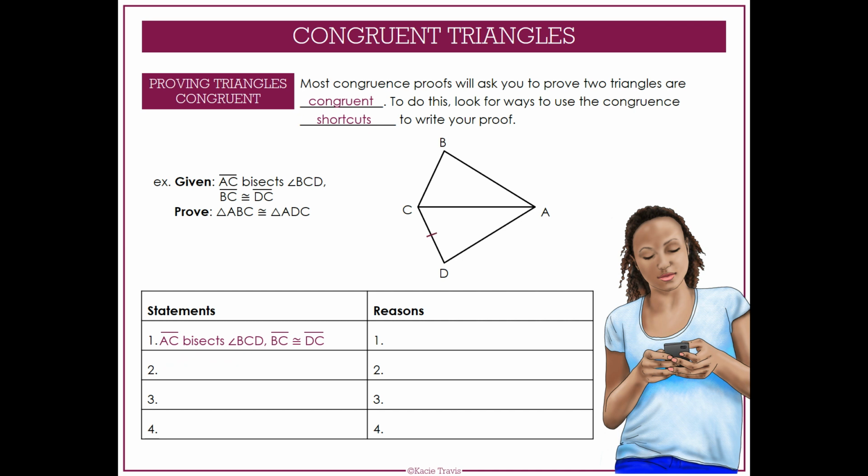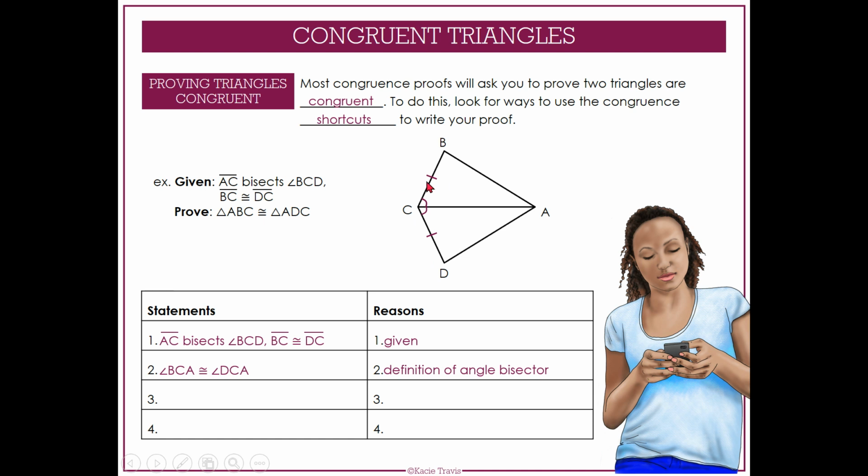We put up our given information and we marked some of the stuff that we have here. Okay. So I marked the sides that were equal. And I also know that based off of our given information, I can say that these lines are going to be making this angle and this angle congruent. It's helpful for you to go through and mark the stuff as you're going through the proof.